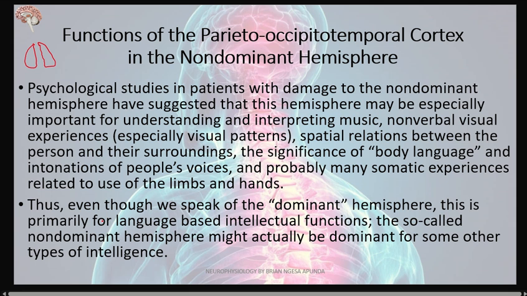Remember, the Wernicke's area is part and parcel of the parieto-occipitotemporal cortex, this area. So this is the Wernicke's area. If this is the left, the dominant part, we can also have the Wernicke's area on this other side. So remember, we have two.